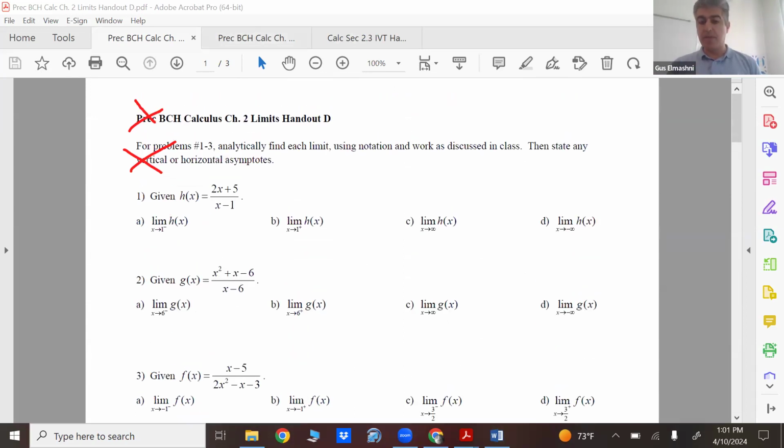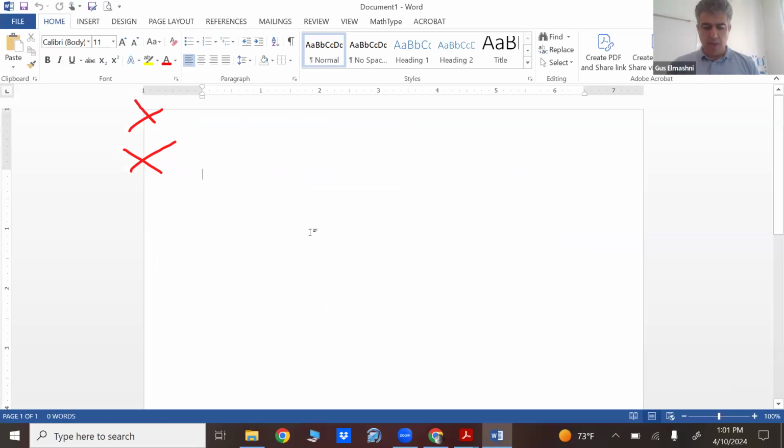So now what is going to be on the test? How am I going to design it? It's going to have 7 questions. Graphing calculators are allowed.